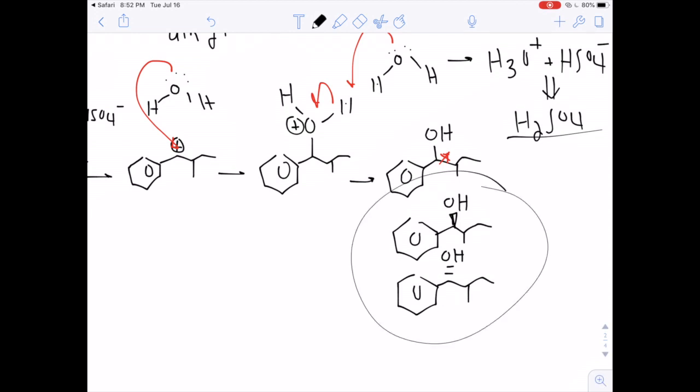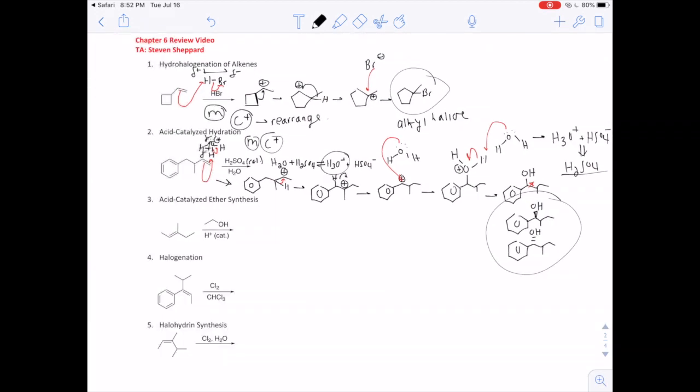Okay, so let's just look at that bigger picture. So you saw that the first step was the reaction between water and sulfuric acid, which generated hydronium. And then that pi bond, which was nucleophilic, was going to grab that partially electron deficient hydrogen and form a secondary carbocation. But that secondary carbocation went through 2 subsequent hydride rearrangements because each rearrangement was more and more stable.